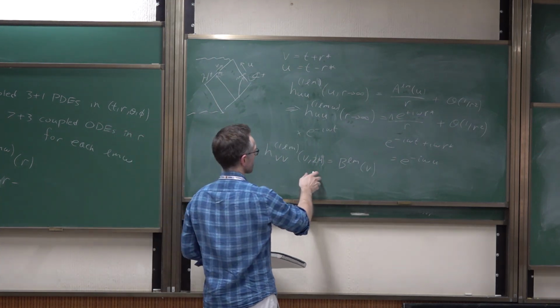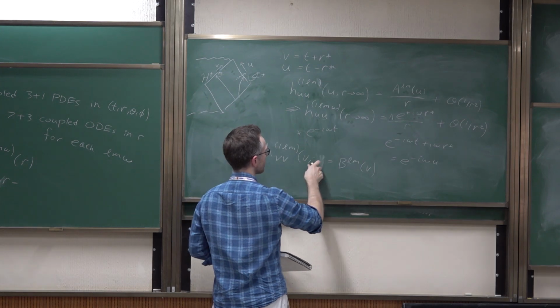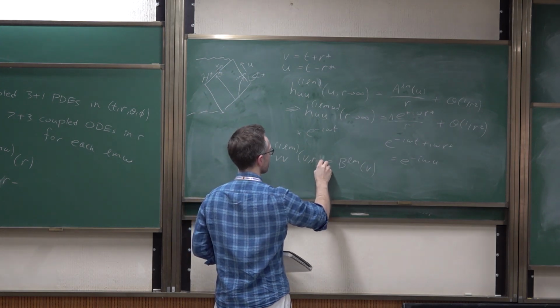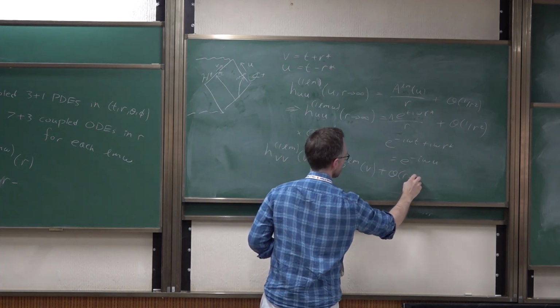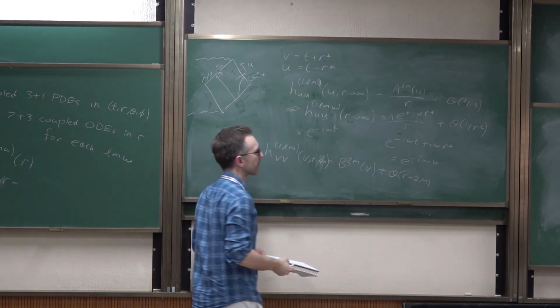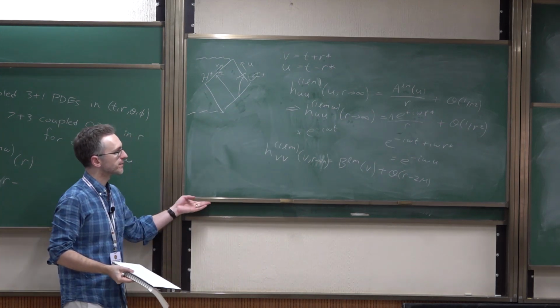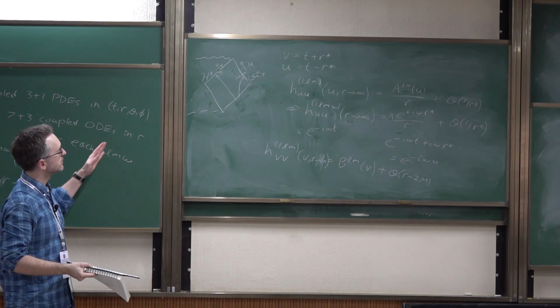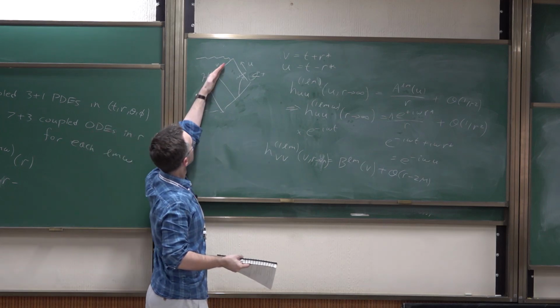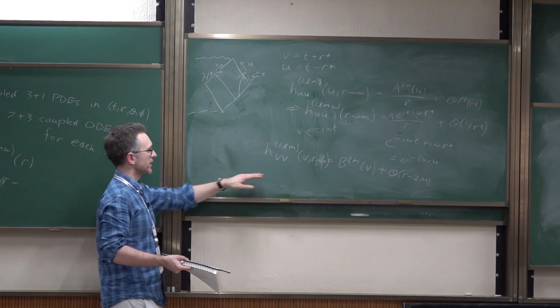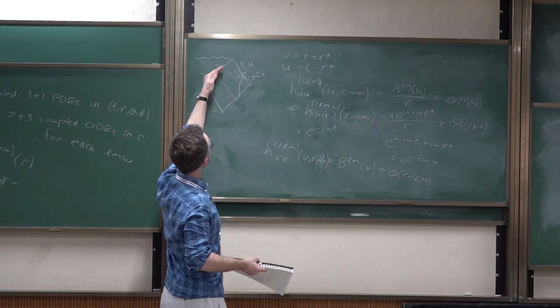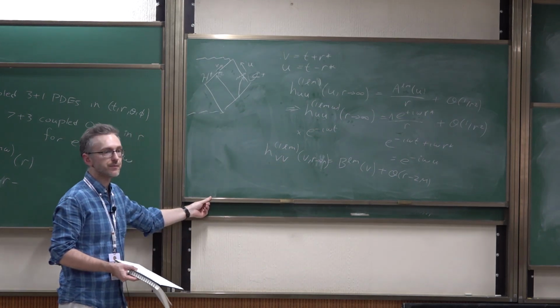Or if I want to say that r is approaching 2m, then I want it to be this plus something of order r minus 2m at fixed values of v. So this is just describing a wave moving up along v. But it doesn't really matter here, even if it's a wave, it's just something that's smooth at the future horizon.